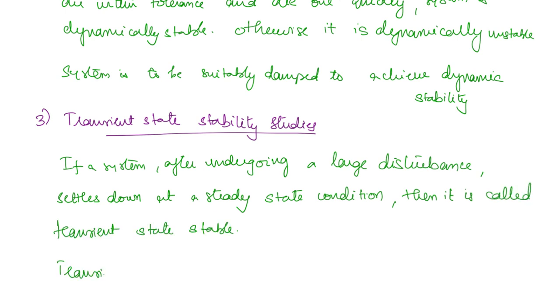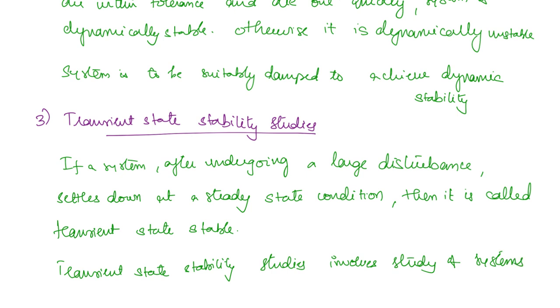And transient state stability study involves the study of the system if a large disturbance occurs.